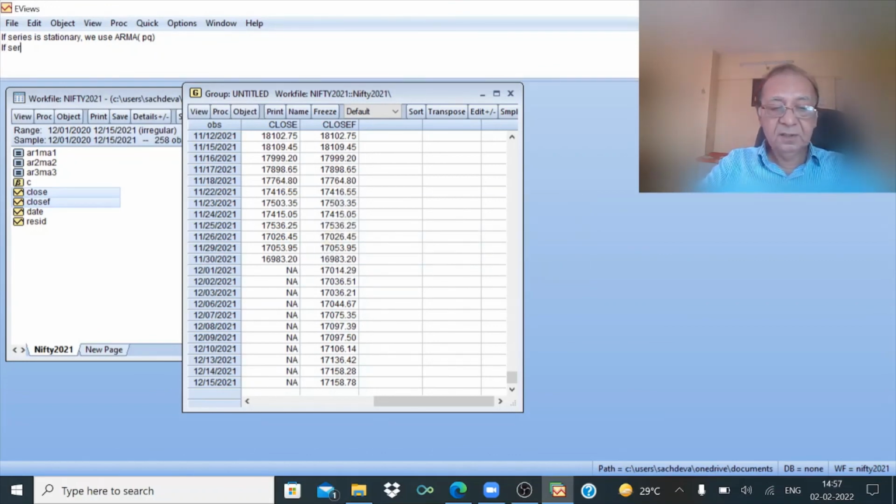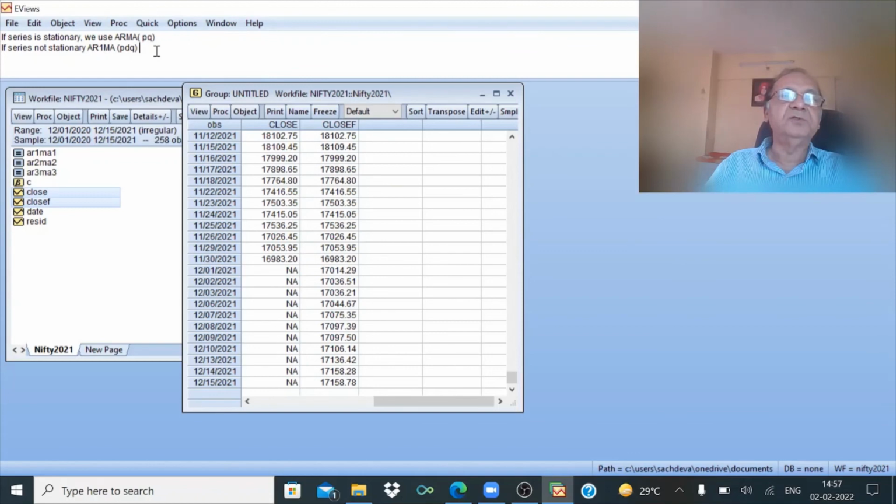But if the series is not stationary, and it can be made stationary by first difference, then we use ARIMA PDQ. Here in this case, the example which we have seen, we have used ARIMA 212.